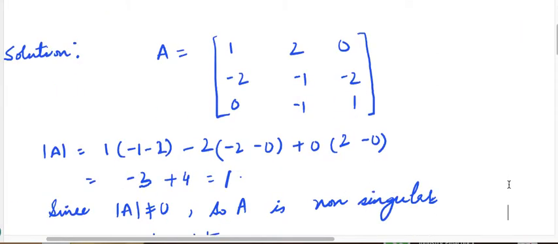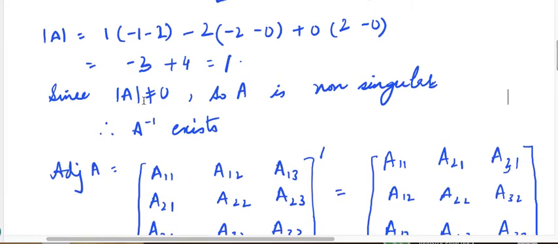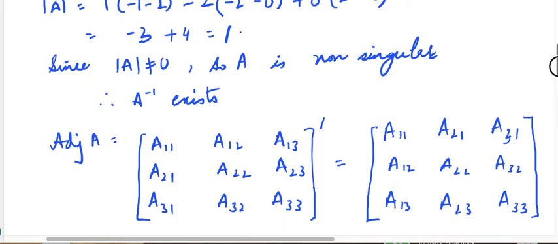Now those who have forgotten how to find A inverse and adjoint, I am quickly giving a recap. Everyone knows how to find the determinant. I took 1 and then minus 1, minus 1, minus 2, and how you solve it, you know it. Only if your determinant value is non-zero, A inverse exists. Whenever determinant A is non-zero, A is non-singular. What is the implication of a non-singular matrix? Determinant A is non-zero, and then we say A inverse exists.